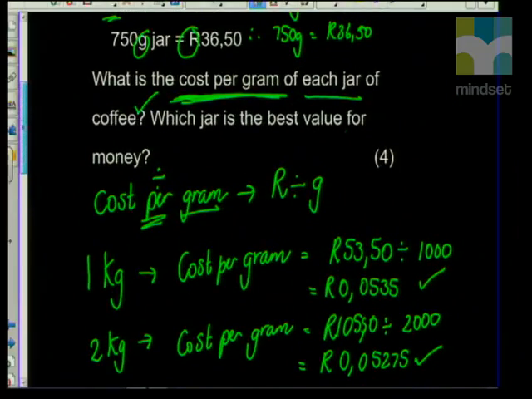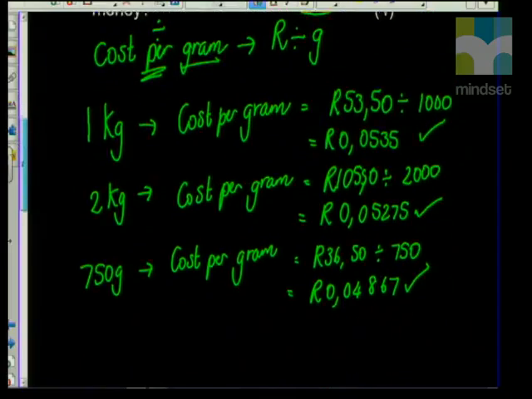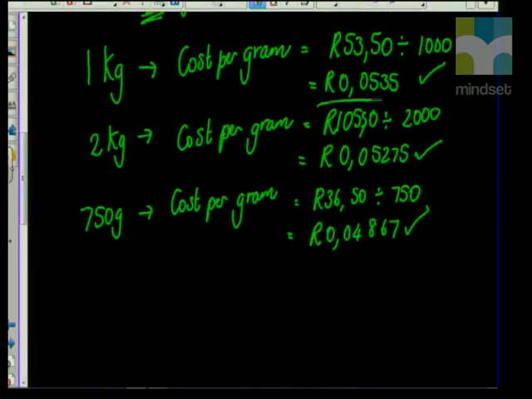I need to now find which is the best value for money. Now, generally speaking, best value means the lowest price. Just remember that this has to be the lowest price per gram, and that's obviously why they've asked us to convert all of these things. I now need to compare these 3 values and decide which is the lowest.